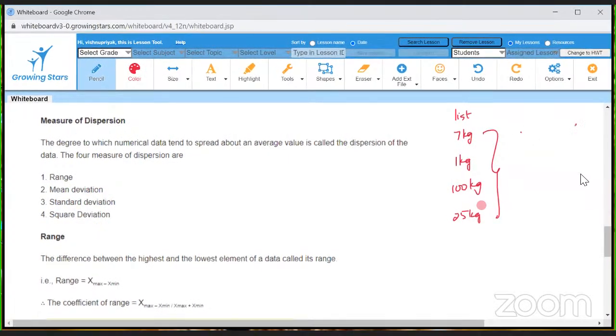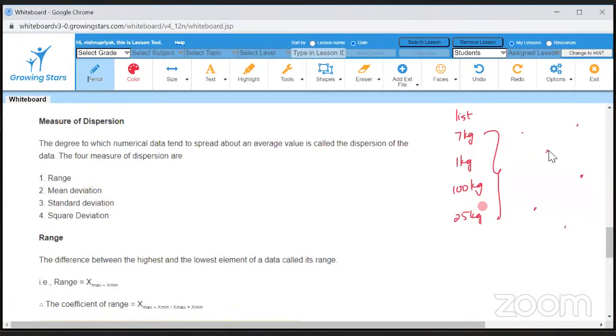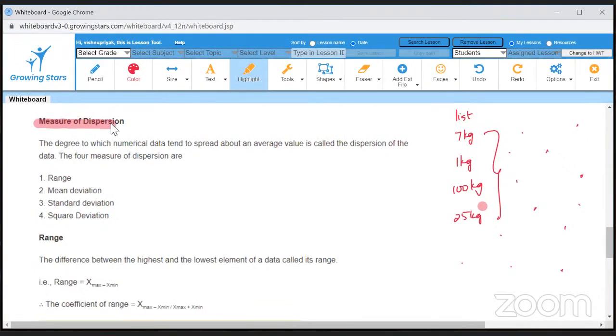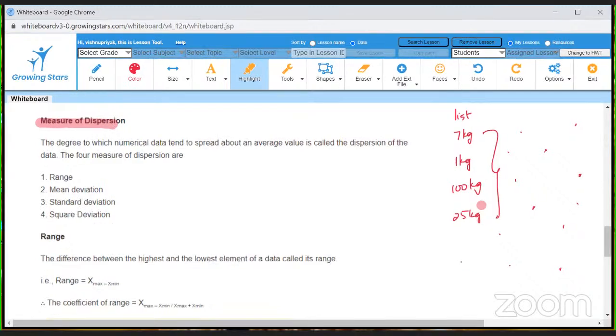Like that, it is scattered everywhere. A little high, a little low, a little less, a little more. So how much it is scattered, that is measure of dispersion. How much the values are spread, that is dispersion.